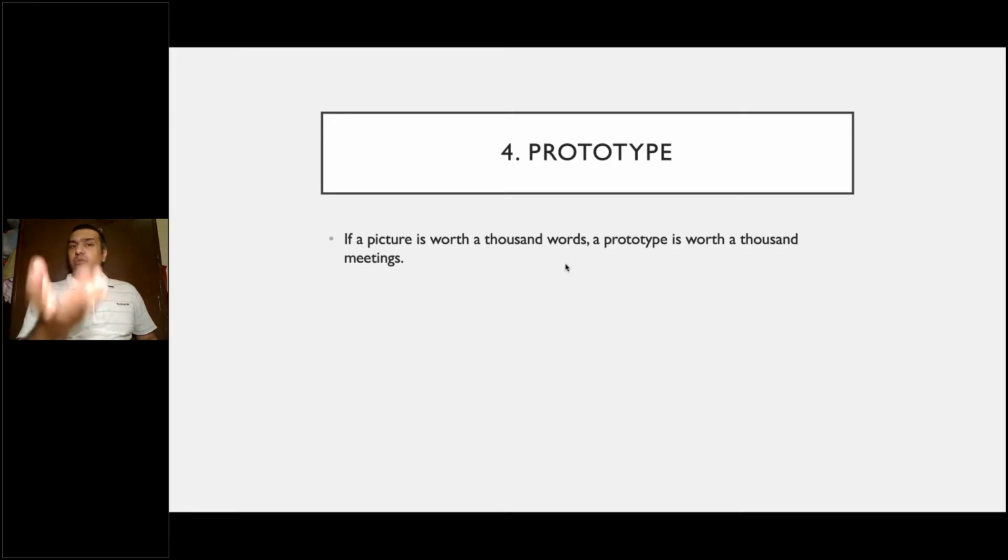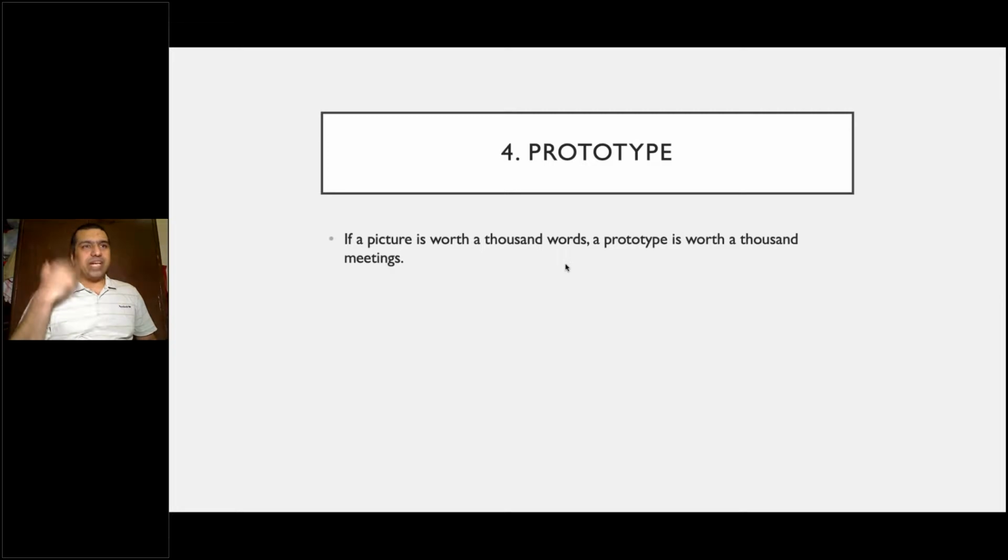A prototype need not be an actual physical product. It can be a sketch, a flow diagram, a sequence diagram, a picture, a sketch on the whiteboard, or mock-ups.